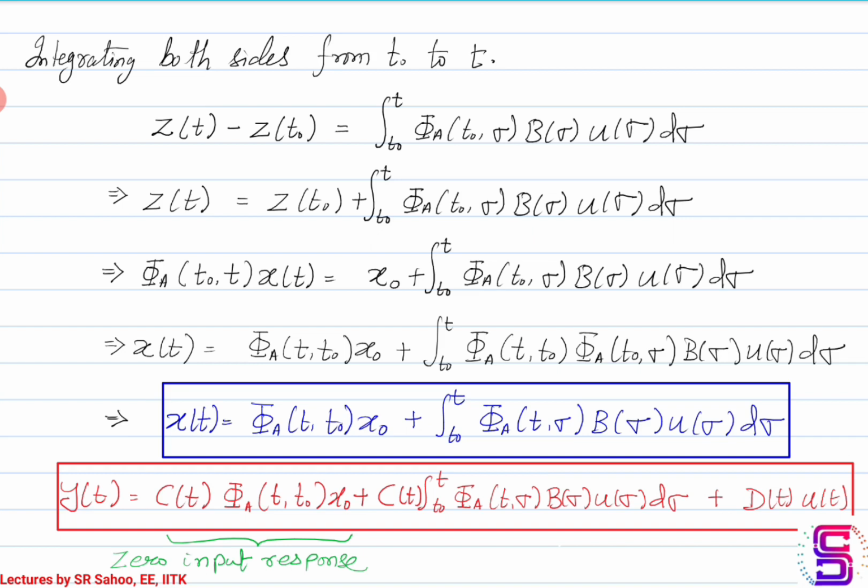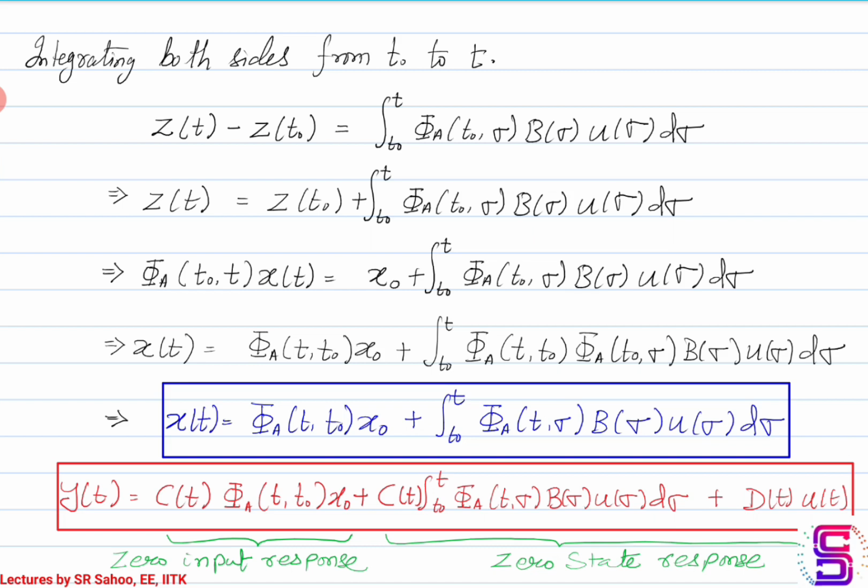Now this expression can be broken down into two parts. The first part is the zero input response. So if the input is identically zero, then the output of the system is this particular part. And the second part of this entire expression is known as the zero state response.